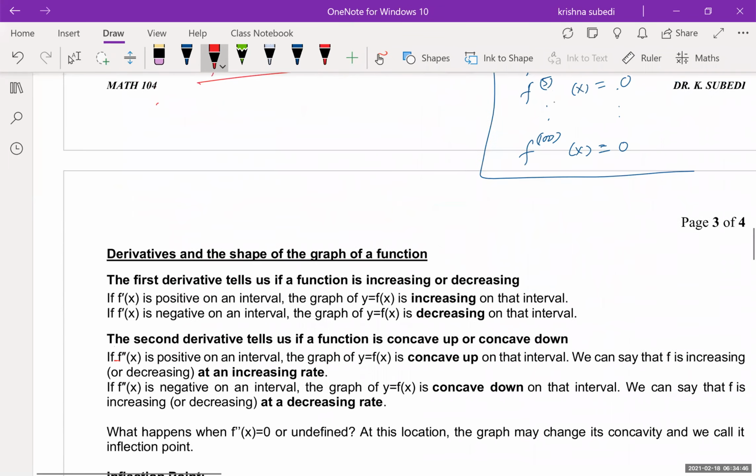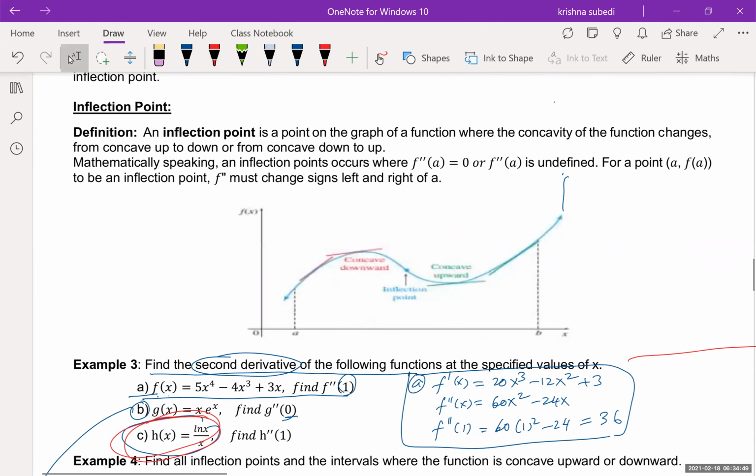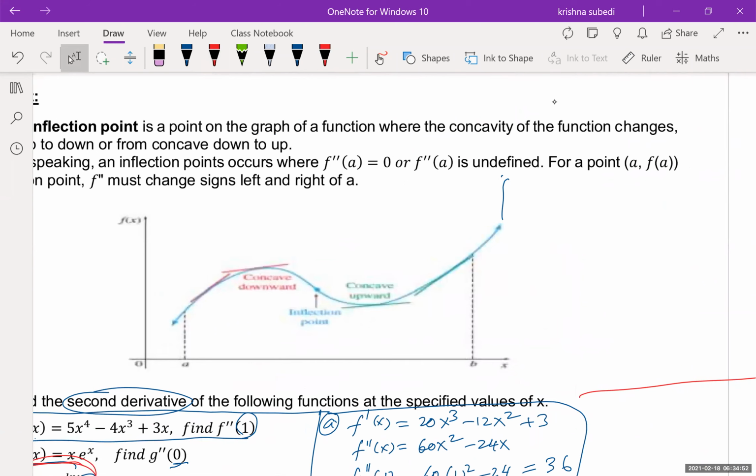Well, let's look at this graph here. As you can see, all the way from here up to this point, let's say this is A, this is B, this is C. This graph is concave down from negative infinity to C, and concave up from C to infinity.